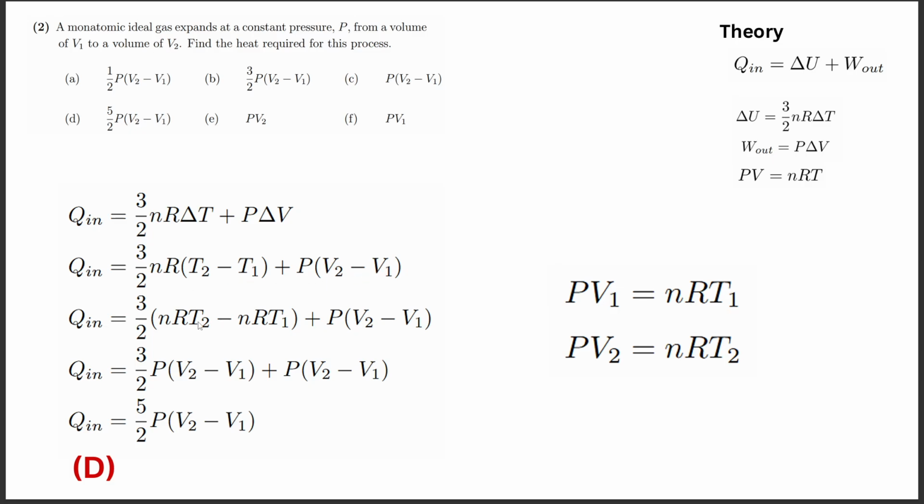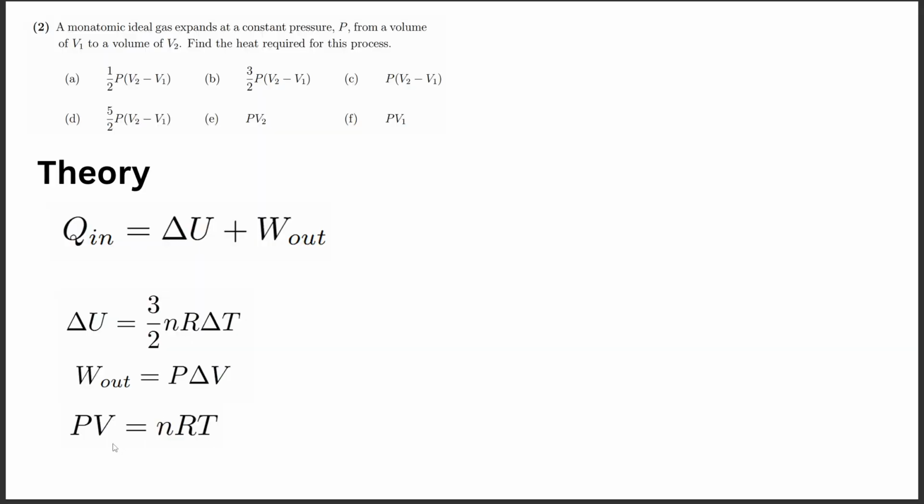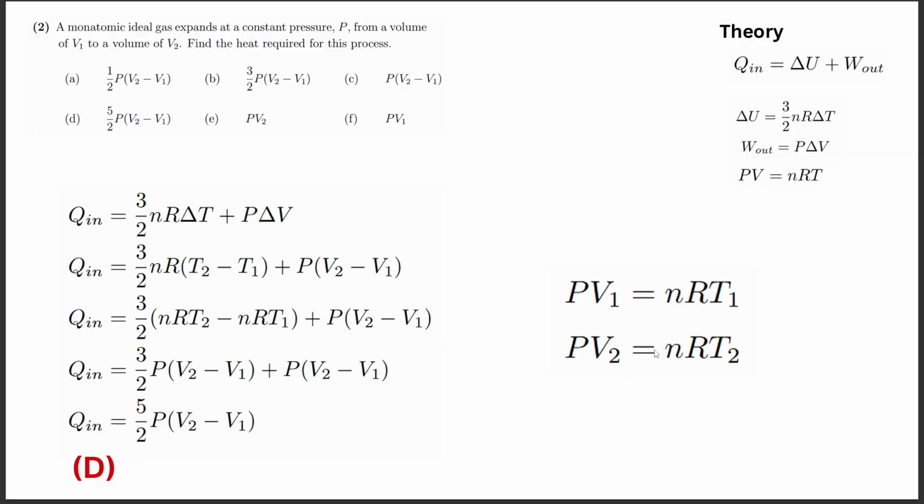And from the fact that PV is equal to nRT, we know that P is constant, so P times V1 is equal to nR times T, that is before the process.